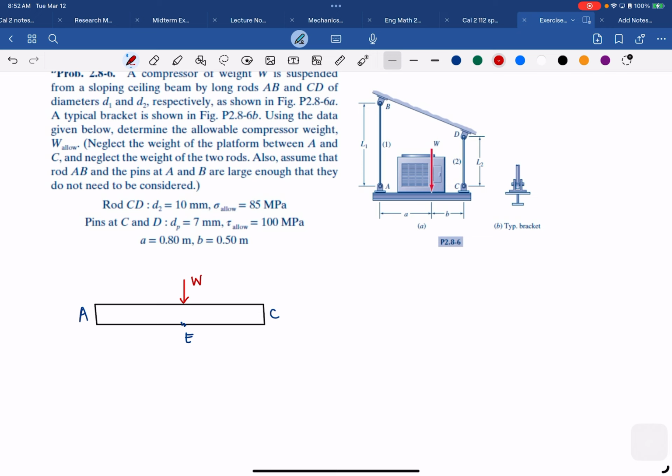This is going to be A, and A is 0.8 according to the information. This one is 0.5. And then on A, we could imagine that there are some forces that are pulled on the rod. We could say that this is F1, F2.